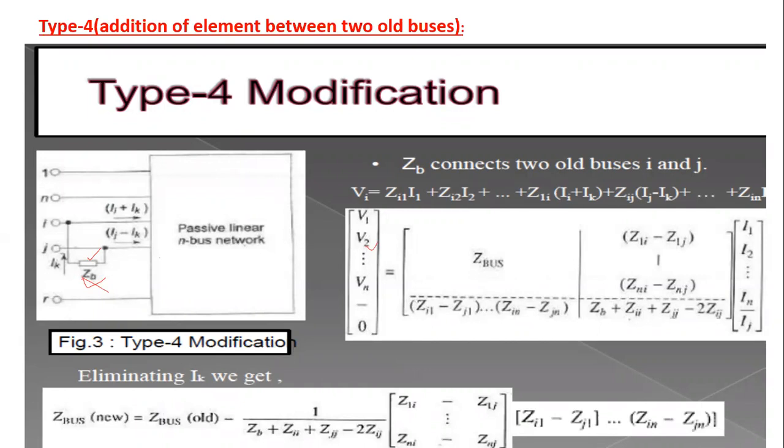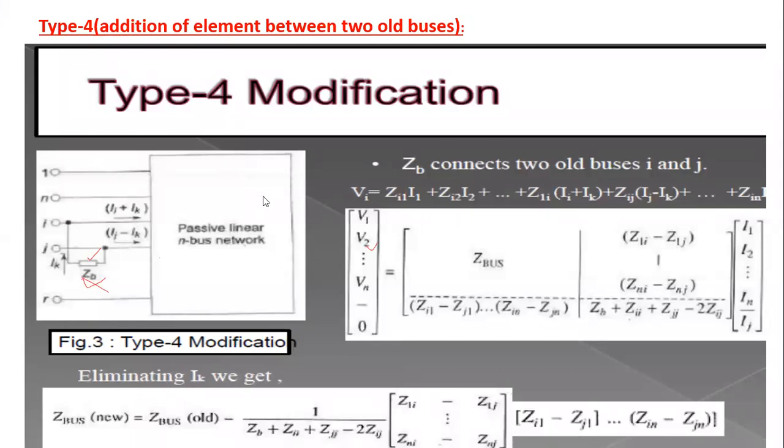Then we write down whether this is type 1, type 2, type 3 or type 4 modification, and then we can substitute the formulas for that type of modification. Then we can derive the Z-bus matrix by the step-by-step procedure.